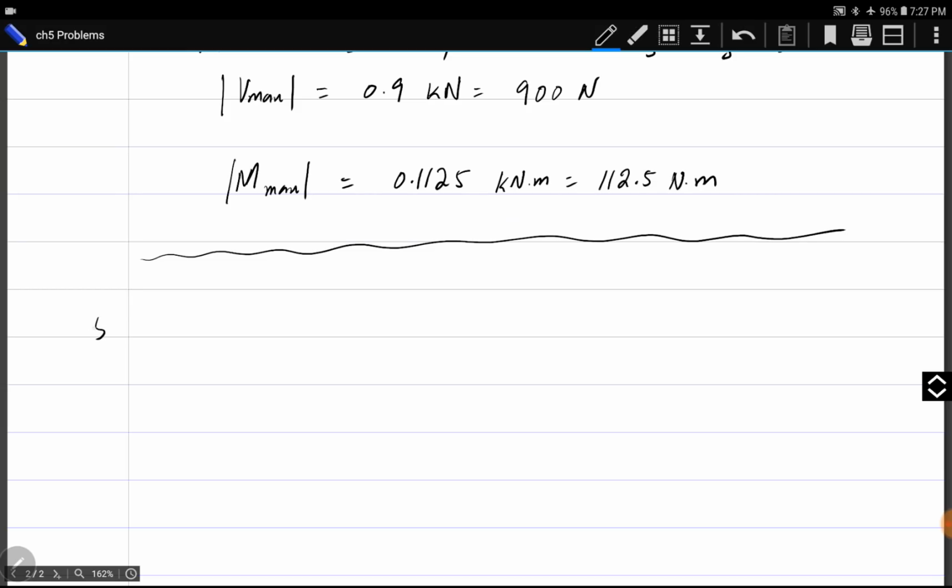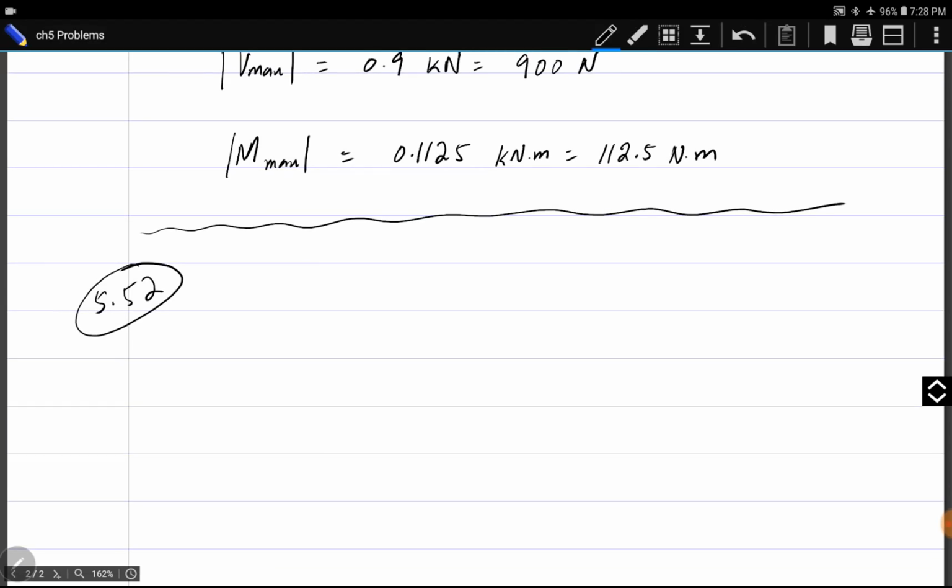Problem 552. Load is given to us. W is equal to W naught sine of pi x over L.